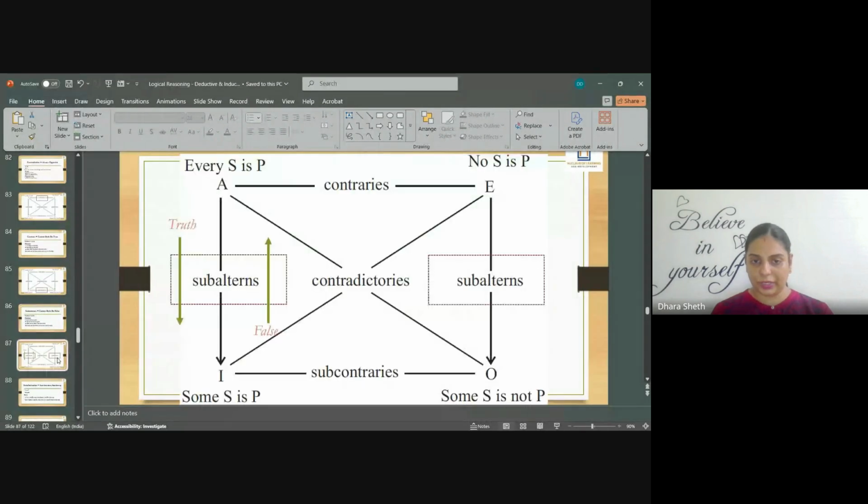And the last one, subalterns. This relationship exists between A and I, E and O. Now here, the relationship is truth downwards, false upwards. If A is true, I is true. If I is false, A is false.